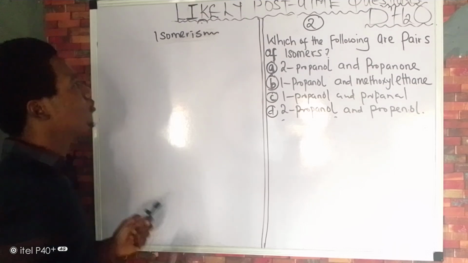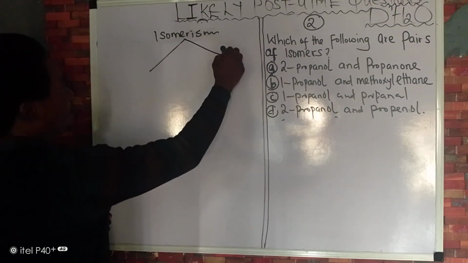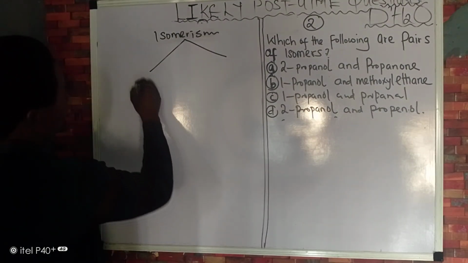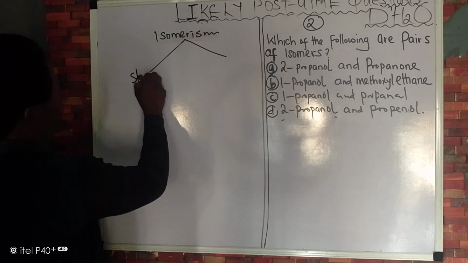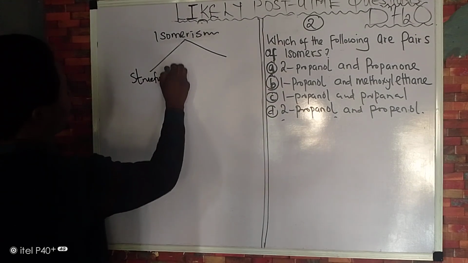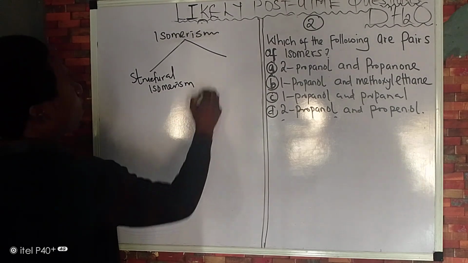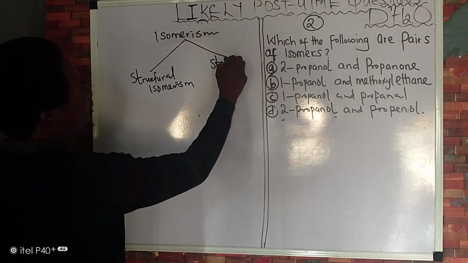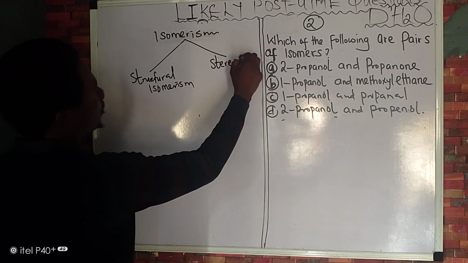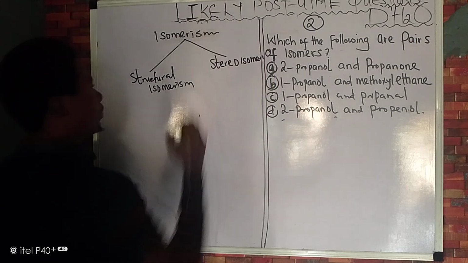We have two major branches of isomerism. We have structural isomerism, then we have stereoisomerism. You must understand that.